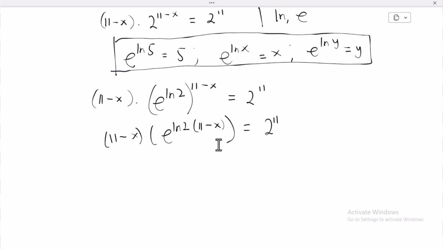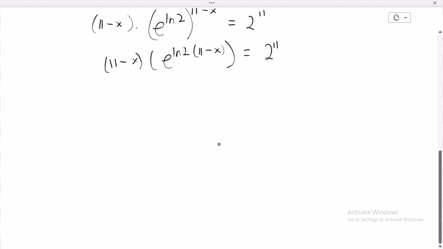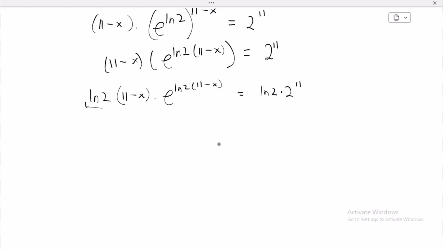And when we do that, we're going to have natural log of 2 multiply the expression 11 minus x multiplying e to the power natural log of 2 multiplying 11 minus x to be equal to natural log of 2 multiplying 2 to the power 11. Now, we can see that the expression over here is natural log of 2 multiplying 11 minus x, and over here too is natural log of 2 multiplying 11 minus x.